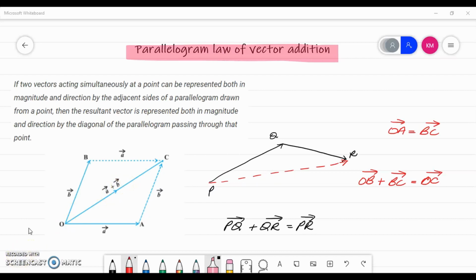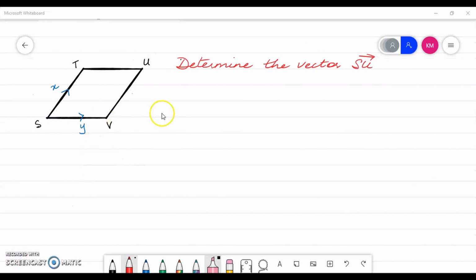Now let us look at how we can apply our parallelogram law for a particular question. So in this question, they are asking us to determine the vector SU.